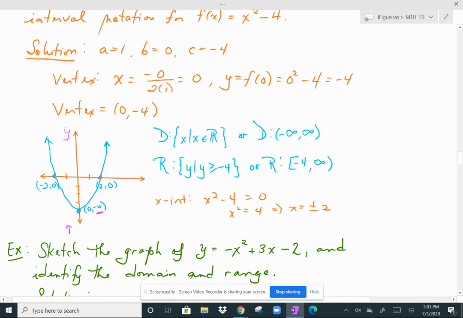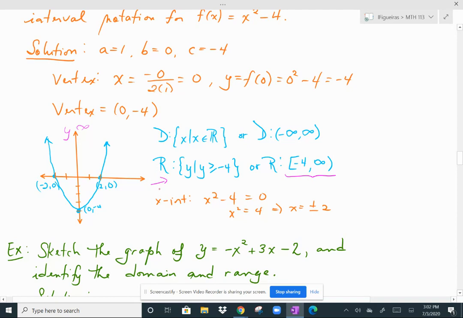And then it will take on all values greater than or equal to negative 4, because these arrows mean that this graph goes on and on forever. So the way you express that is that you would say y is the set of all y such that y is greater than or equal to negative 4, or in interval notation, it is from negative 4 to infinity, because remember, this arrow means your numbers are going towards infinity.